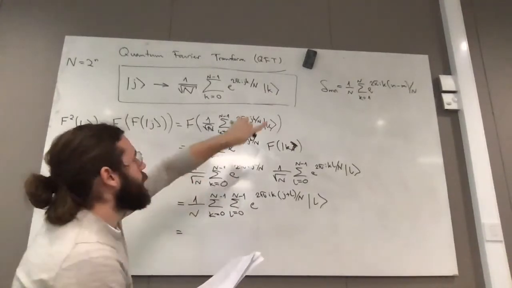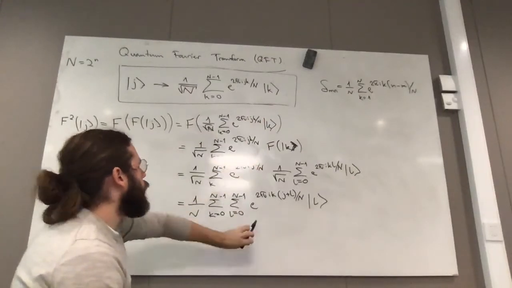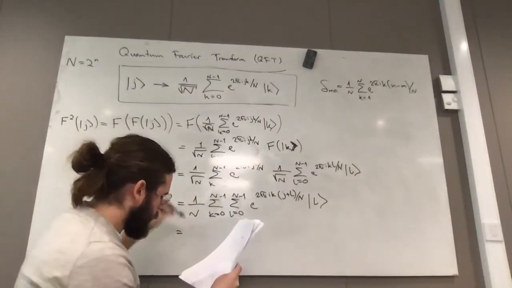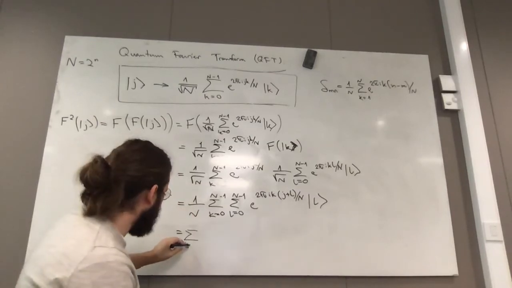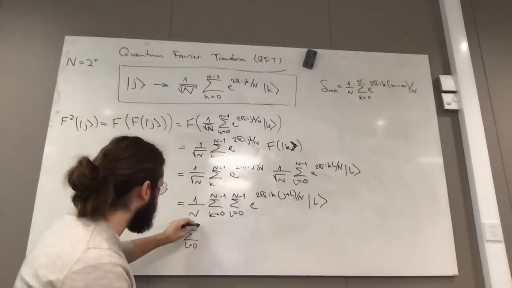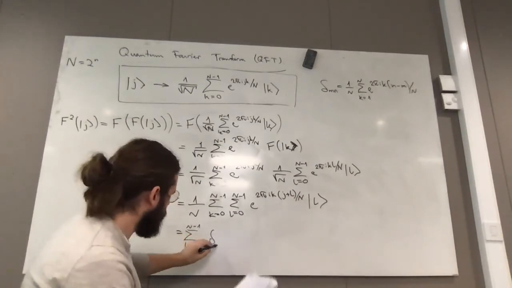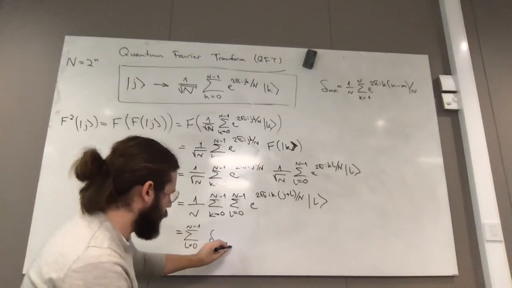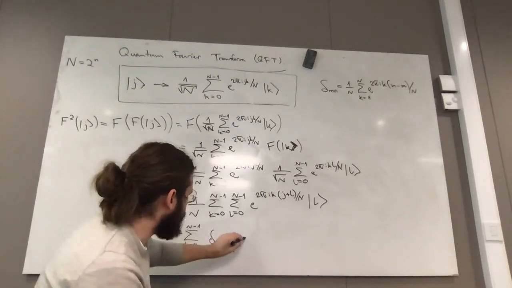The 1 over n disappears as part of the definition. One of the sums disappears, and we are left with the sum over L equals 0 to n minus 1 of the Kronecker delta of minus j and L, times L.